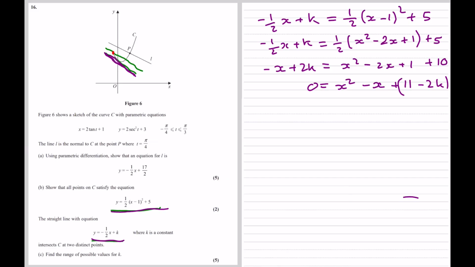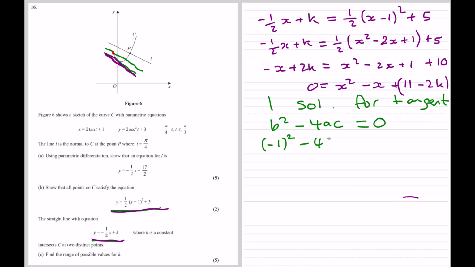So we know if it's a tangent, it's got one solution. So b squared minus 4ac will be equal to 0. And that will be negative 1 squared minus 4 times 1 times (11 minus 2k) equals 0.